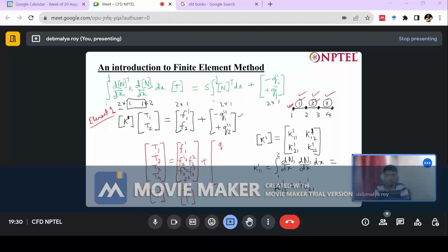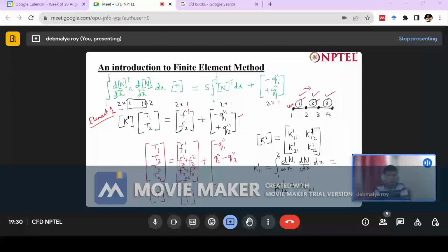You will have this minus Q1 double dash, and from element 1 at point 2 you will have plus Q2 double dash, and since the same heat flux will be entering element 2 as well, you will have minus Q2 double dash. So this will be 0.